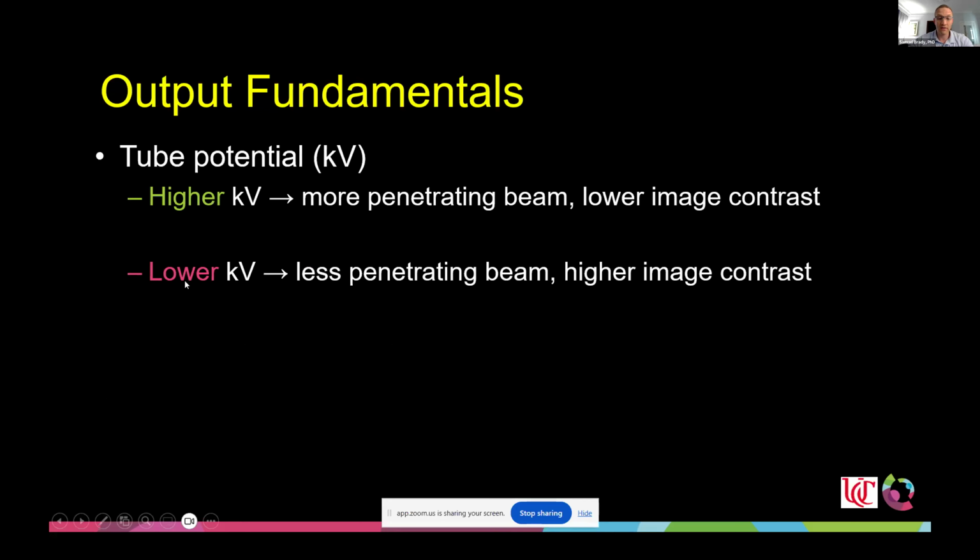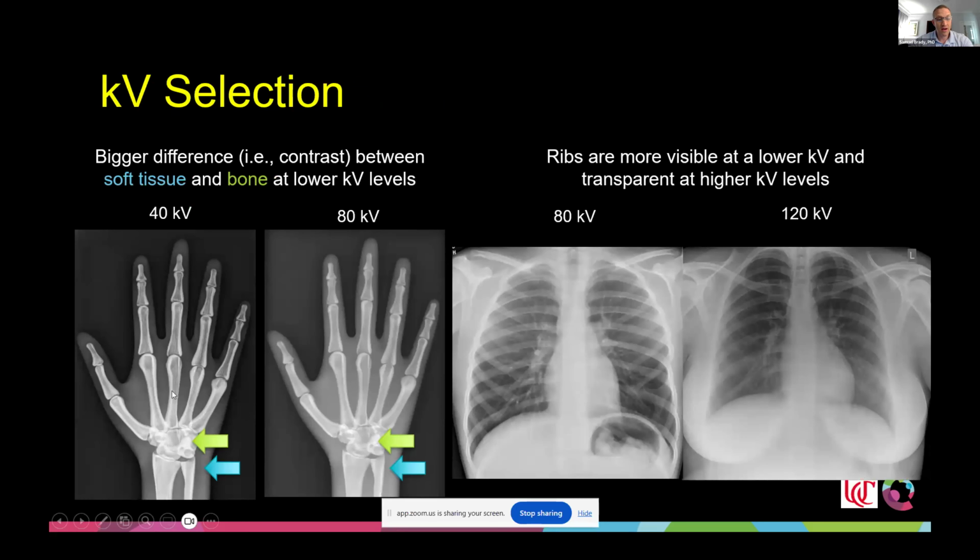Conversely, lower KV leads to less penetration, more absorption, especially in bony anatomy, leading to a better tissue contrast. And we see this all the time when we're imaging, for example, a normal hand radiograph. At low KV values, you see a stronger difference in contrast between the bone and the soft tissue. Whereas at higher KV, almost equal penetration leads to poor contrast differentiation.